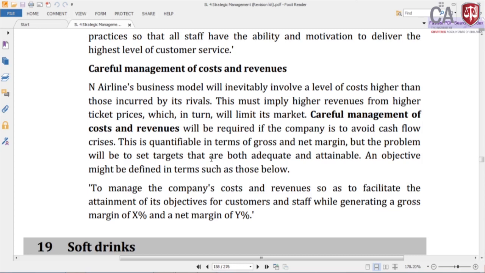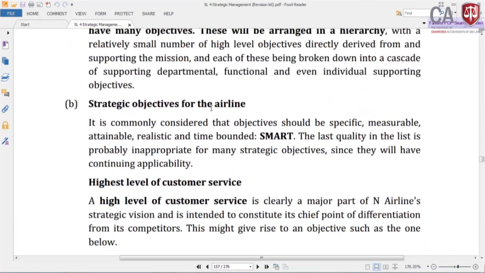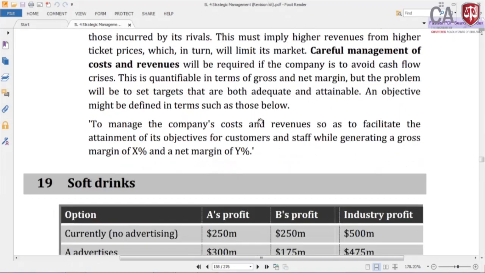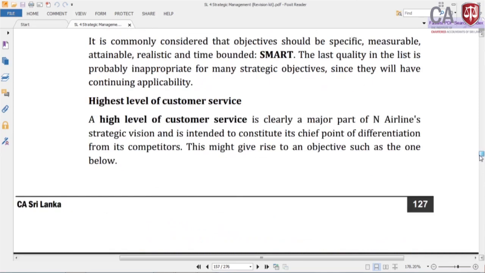So, you want to manage cost and revenue that will facilitate the achievement of the objective for customers and staff, while generating a gross margin of, we will say, 5% for example, and a net margin of, for example, 1%, like that. So we have done that question also. Then we can move to the next question.